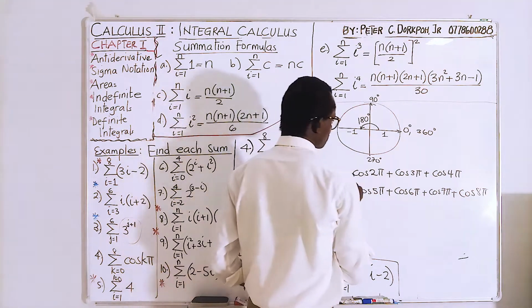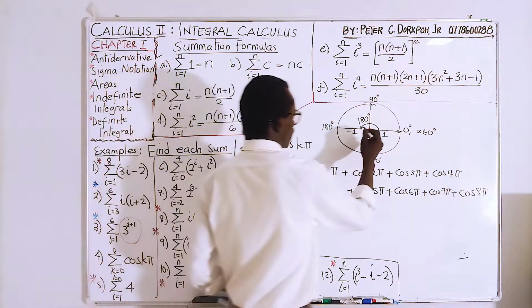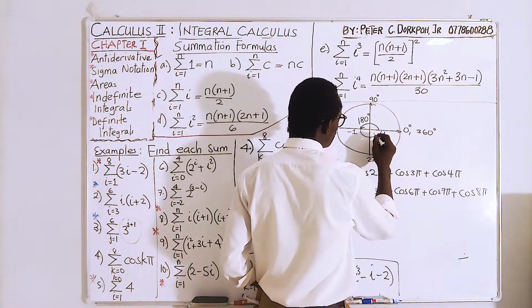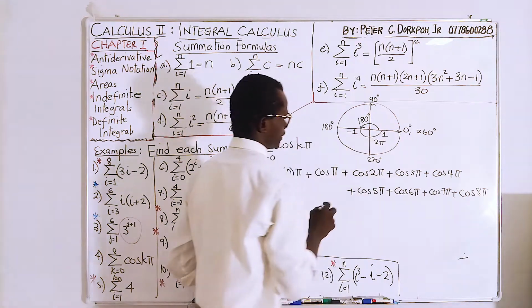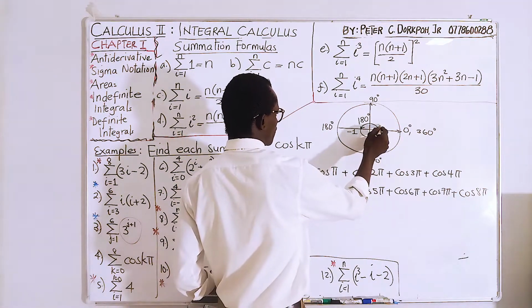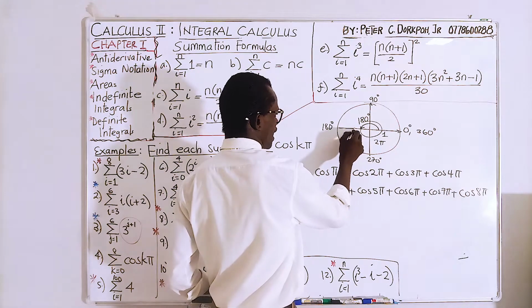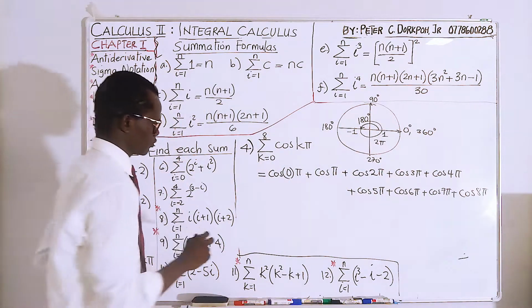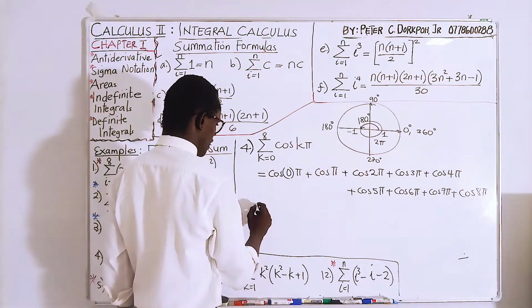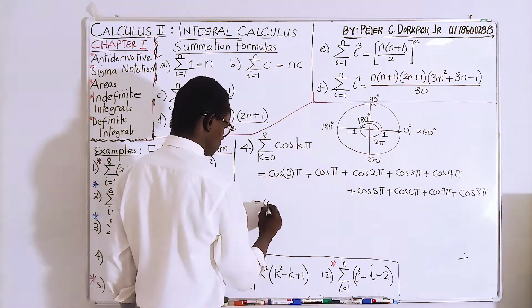So now, let's continue. If we move all the way here, we will have 2π. Right? If we go all the way and come back here, we will have 3π. We come here, we have 4π, just like that. So take note. The first one, you have cos of 0.